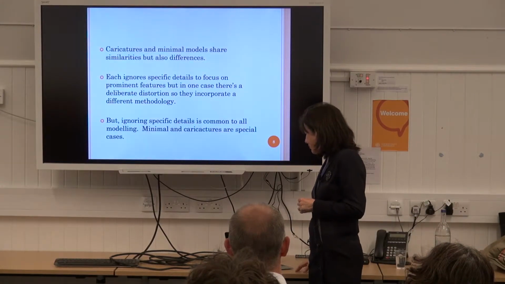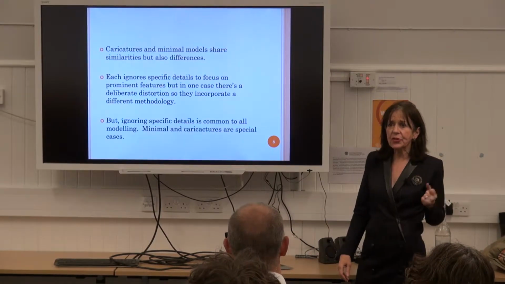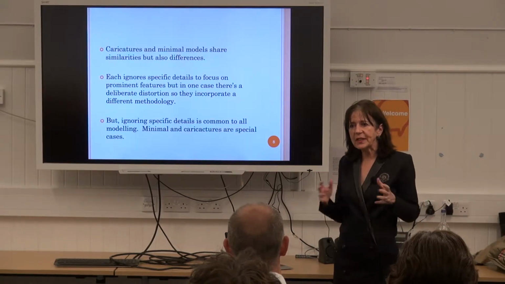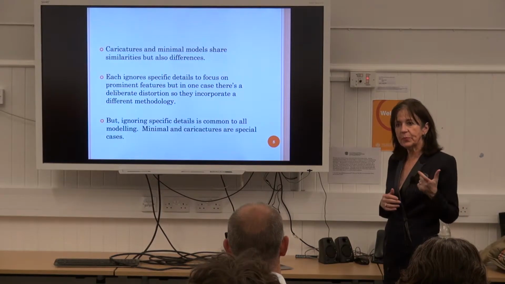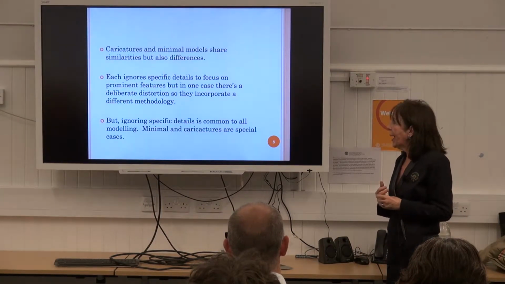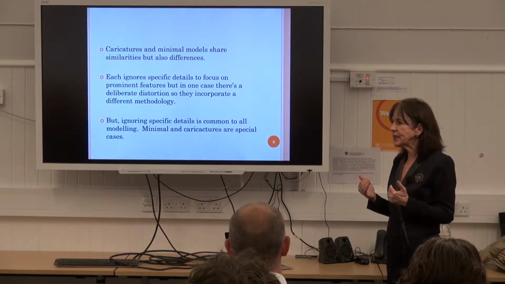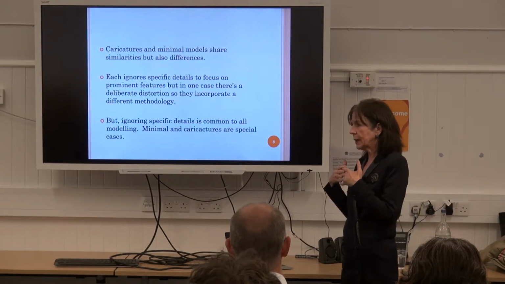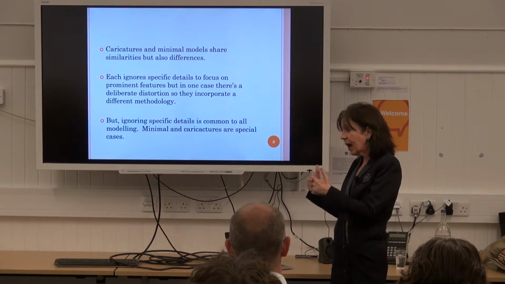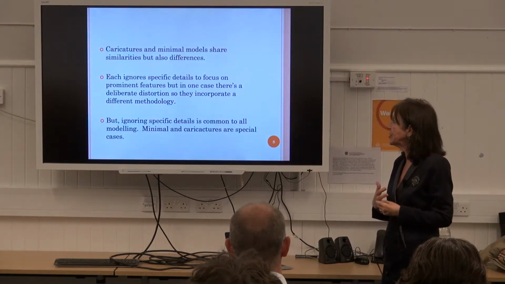So as I said, caricatures and minimal models share these kinds of similarities, but there are also distinct differences. So you ignore specific details in order to emphasize particular features of the model.